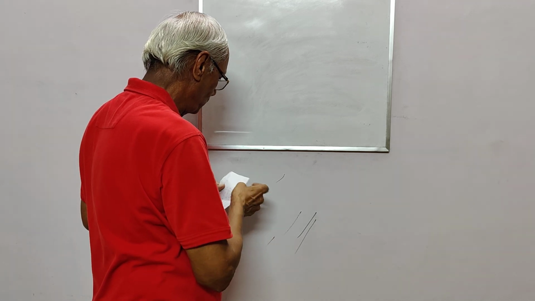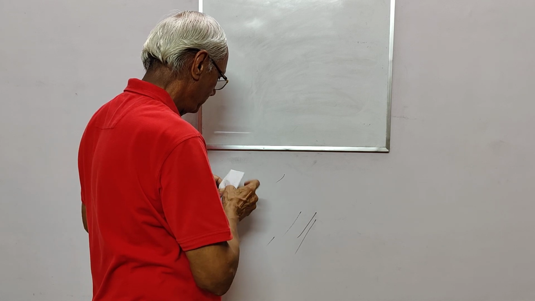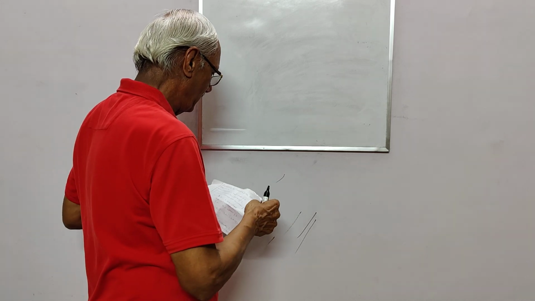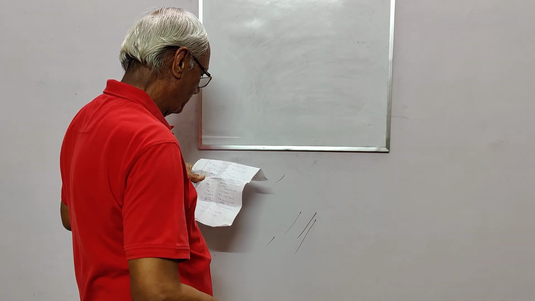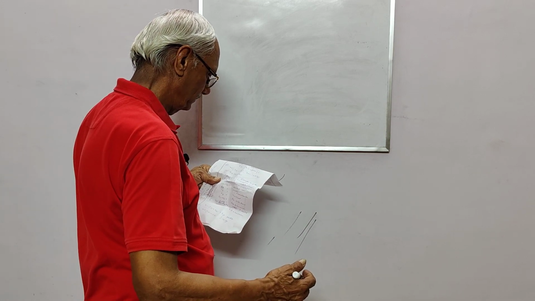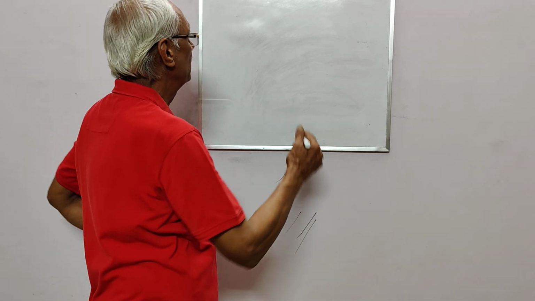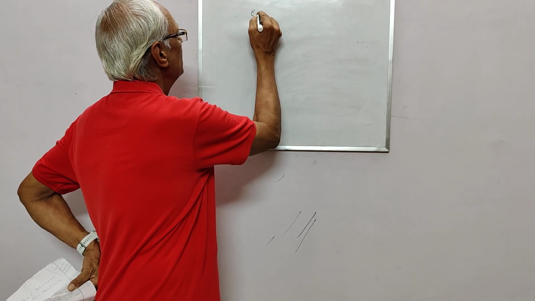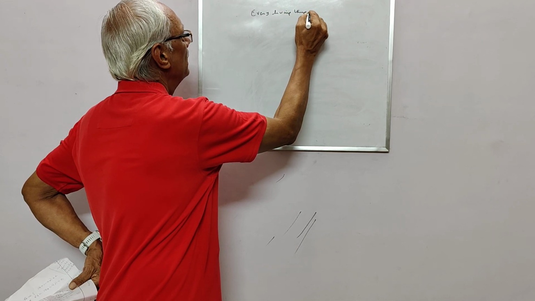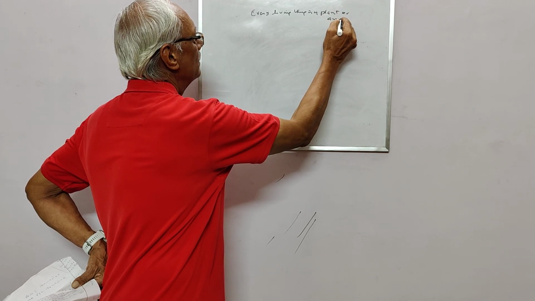Since I have to write this, see here, this is a very interesting problem. See here it is given. Every living thing is a plant or animal.